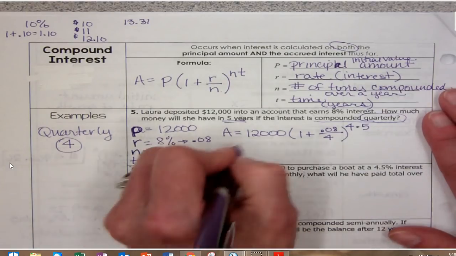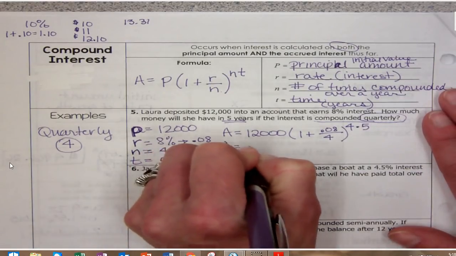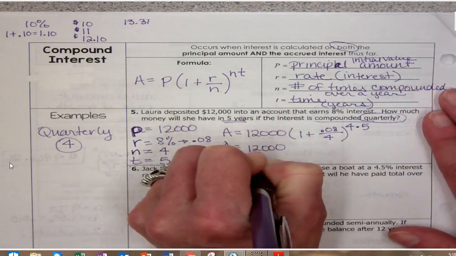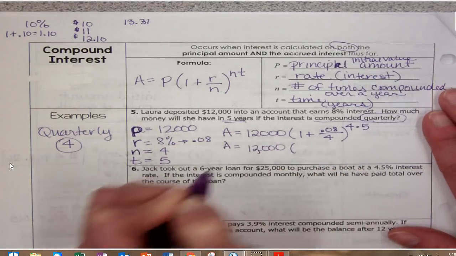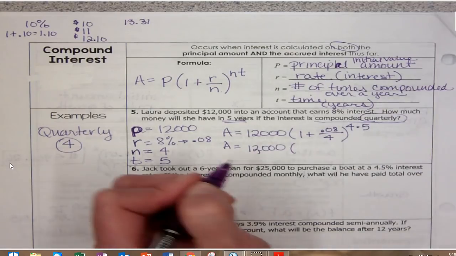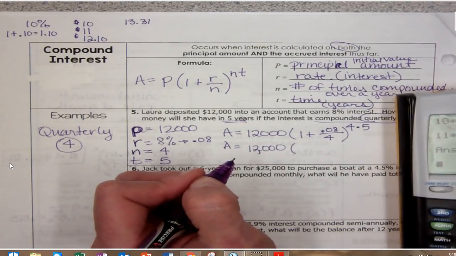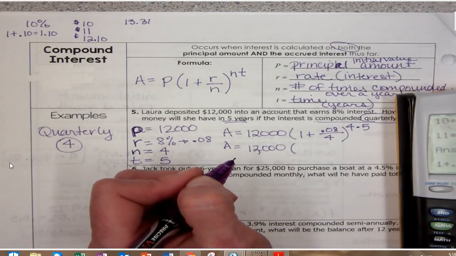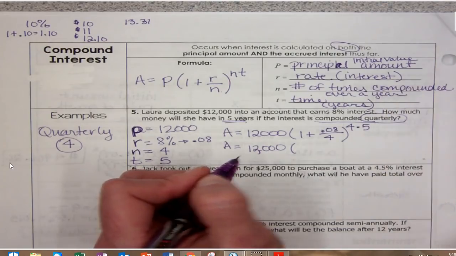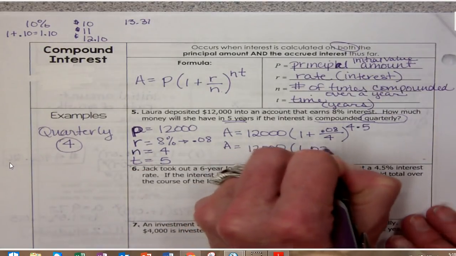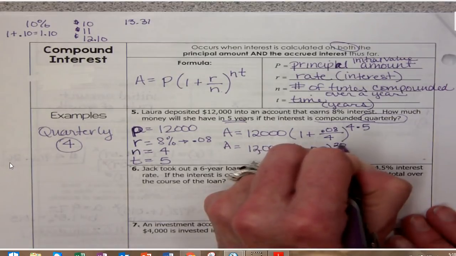And then you can rewrite that as 12,000 times 1 plus 0.08 divided by 4, which should give you 1.02, to the 20th power.